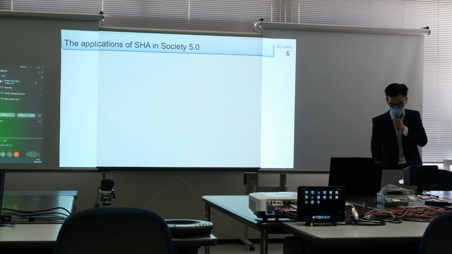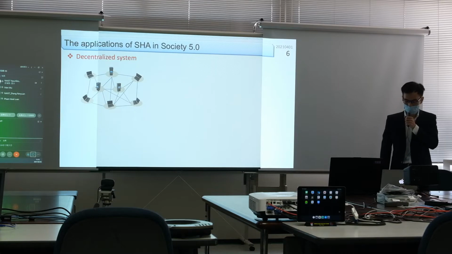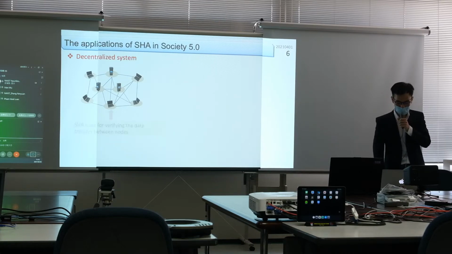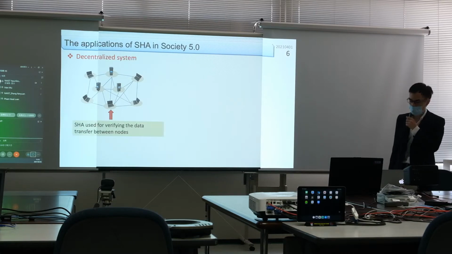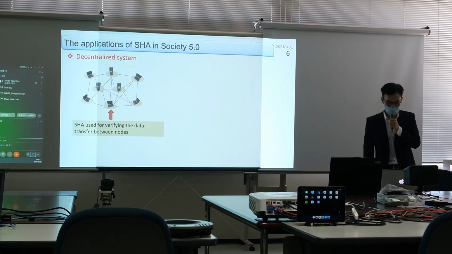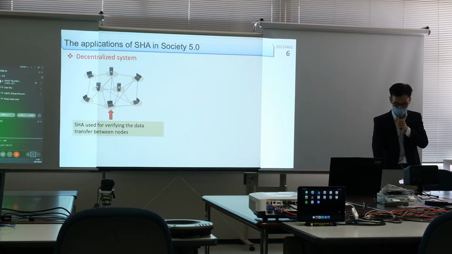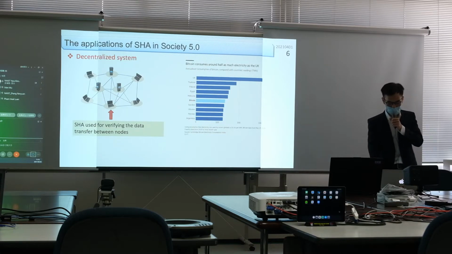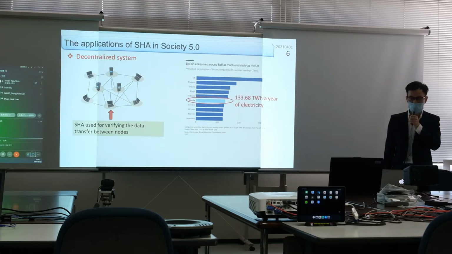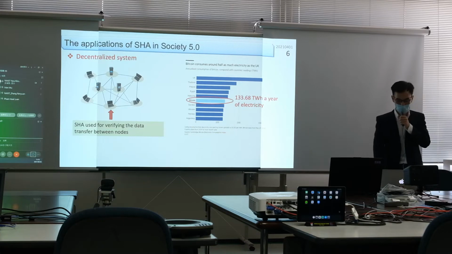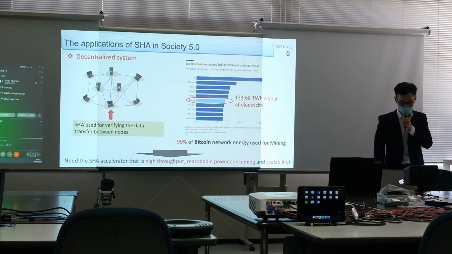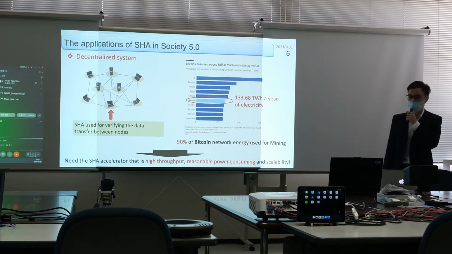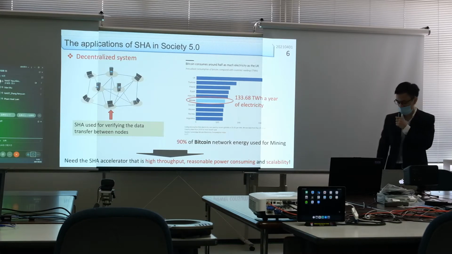Another application is data sharing in decentralized systems, where SHA is used to verify the data transferred between its nodes. The most popular decentralized system is the Bitcoin network, and Bitcoin consumes a huge amount of electricity. So we need an accelerator that has high throughput, reasonable power consumption, and scalability.